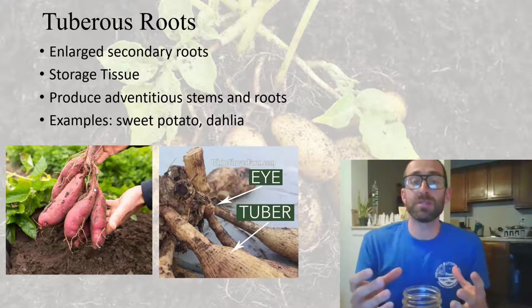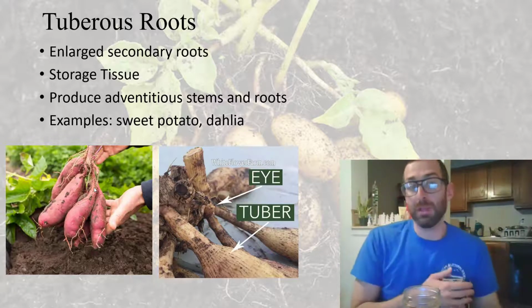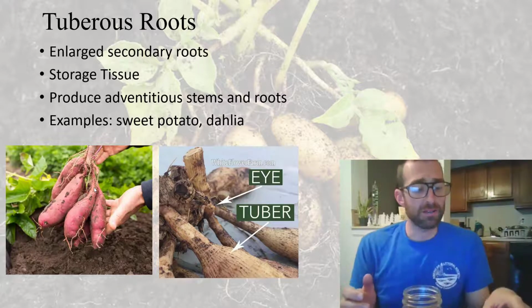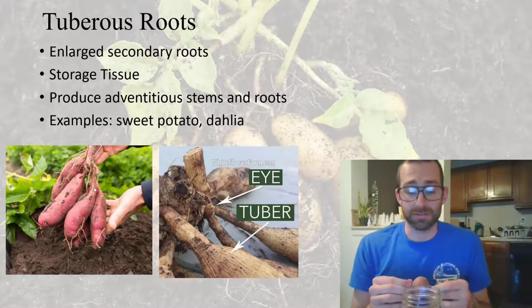And once they develop roots, then they're ready to be planted outside or maybe in a container, wherever you're going to plant them. All right, so that's how you would propagate sweet potatoes.